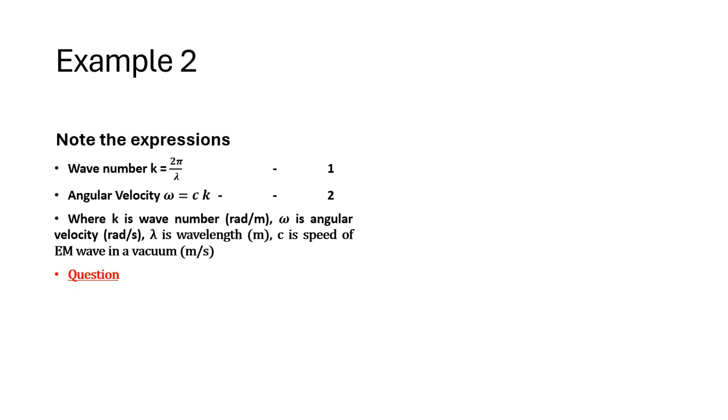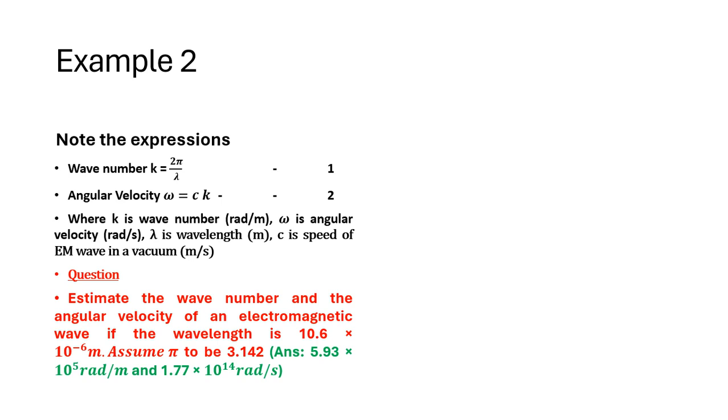Let's take this question. Estimate the wave number and the angular velocity of an electromagnetic wave if the wavelength is 10.6 times 10 to the power minus 6 meters, assuming pi is 3.142.